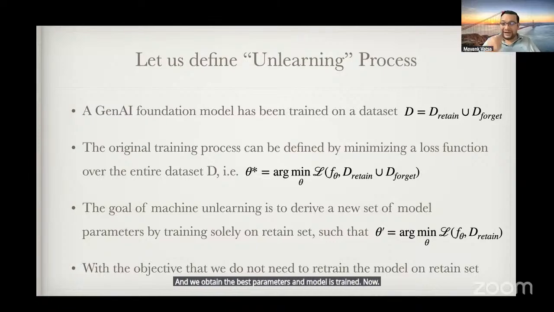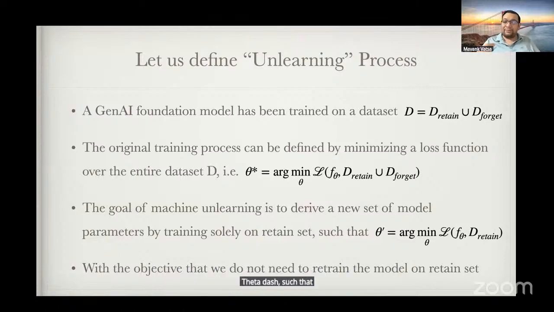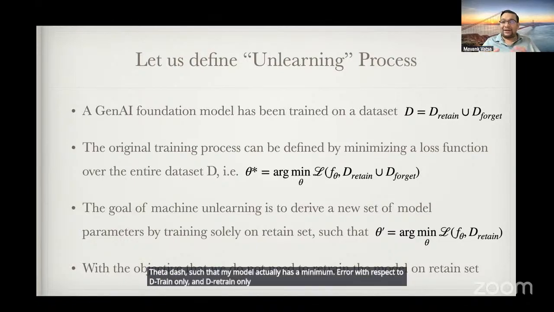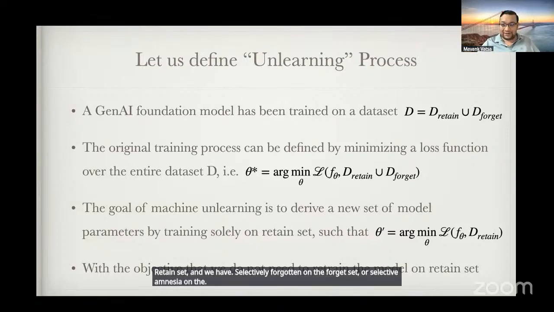Now, the task of machine unlearning is to get another model, theta dash, such that my model has minimum error with respect to the retain set only. So we have retained memory on the retain set, and selective amnesia on the forget set.